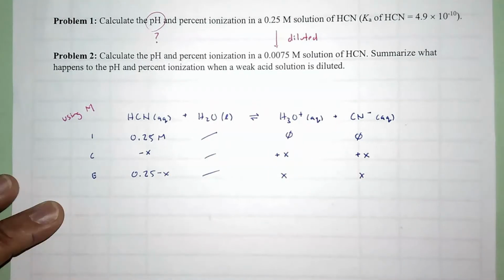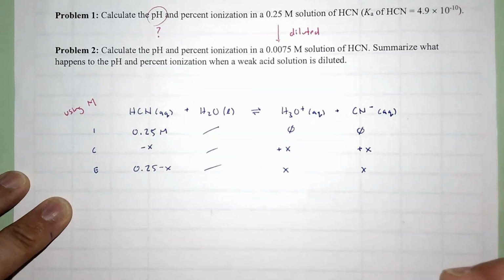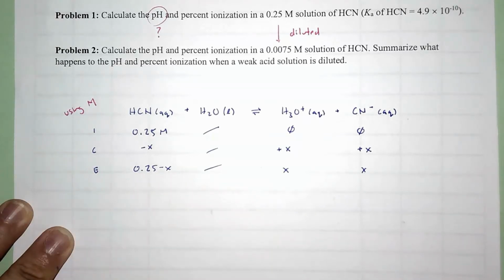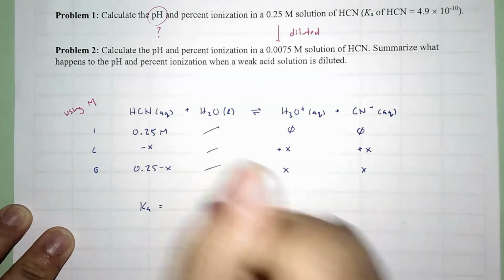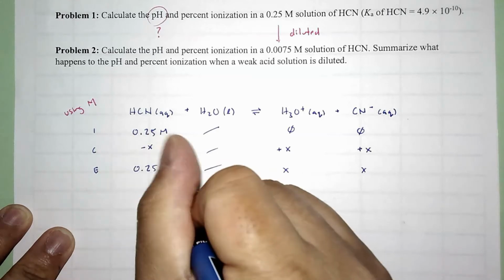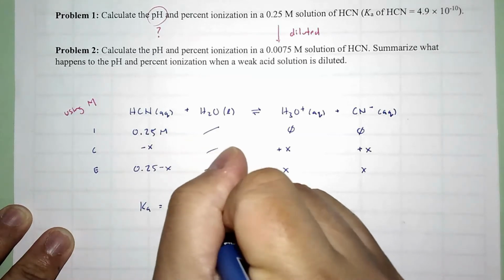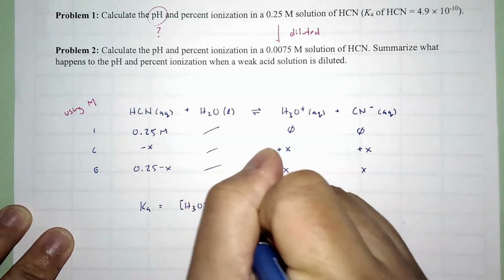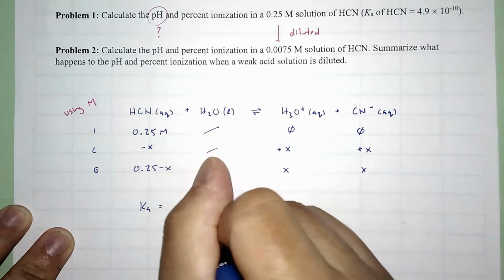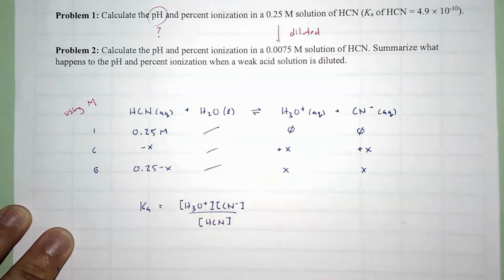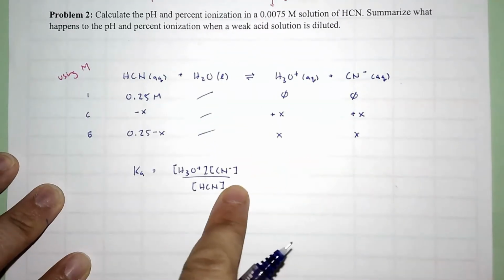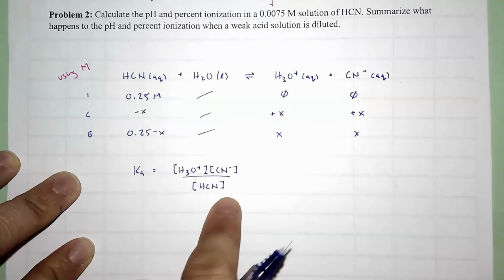Okay. The next step, if you recall, is to write the expression. We're not using Kc. Kc, the equilibrium constant for an acid-base reaction, has a special name, Ka. But it's still the same thing as before, products over reactants. Double check yourself, make sure that your notes match mine.